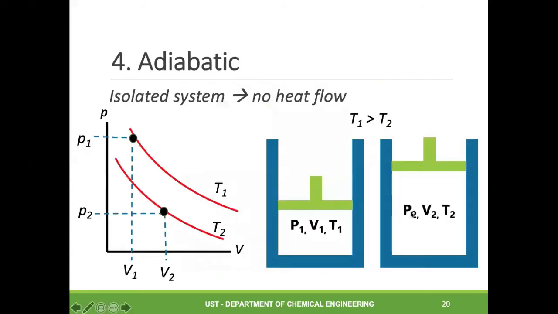Now, let us proceed with adiabatic process. So you know that for adiabatic, this is an isolated system with no heat flow. So since there's no heat flow taking place, Q is equal to 0.